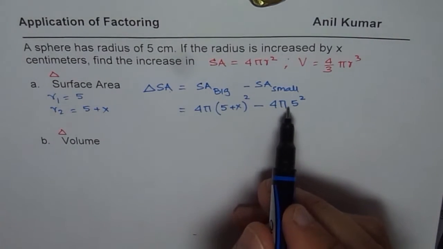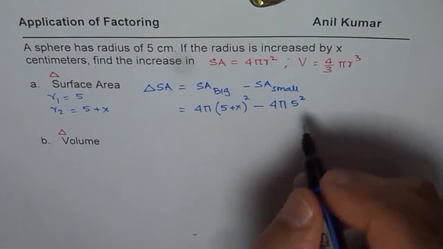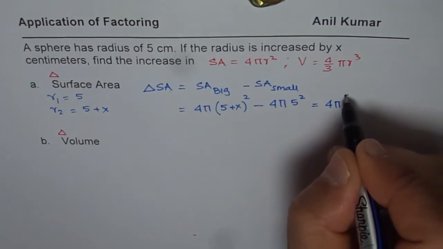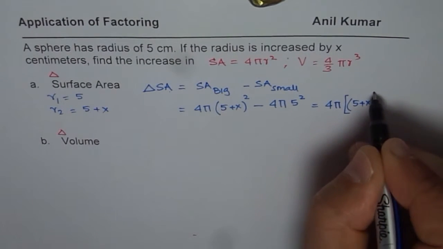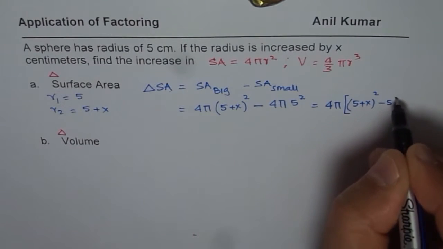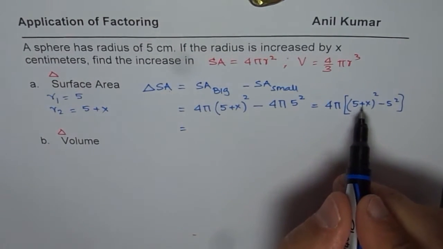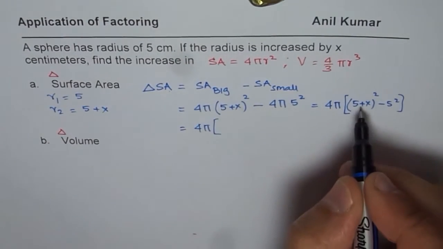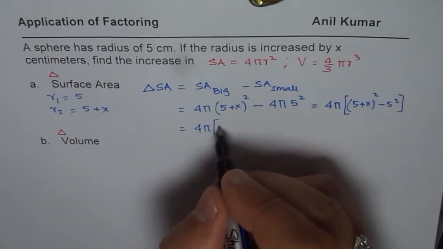Now at this stage, we can factor. First is group factoring. You could factor out 4 pi, and what you get is 5 plus x whole square minus 5 square. Now you can adopt difference of squares: a square minus b square is (a plus b) times (a minus b).